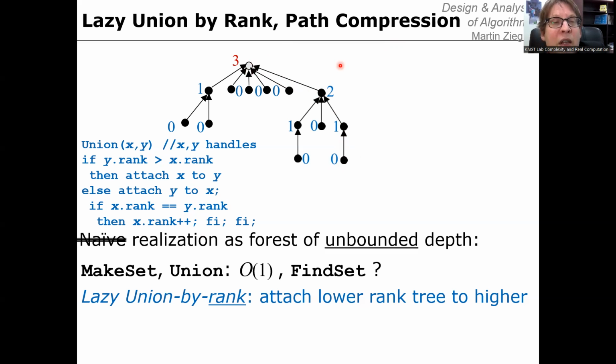There's no way of avoiding that, so we need to pay and charge the user with or our bank account balance with this large cost corresponding to the height. But while walking all the way up, we can and should update the pointers to create a shortcut so that the next time that the user wants us to find the unique handle to this element, we can jump directly to the root and do not need to follow all these edges again.